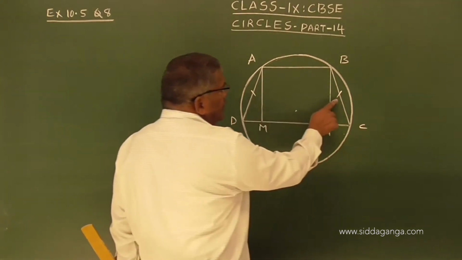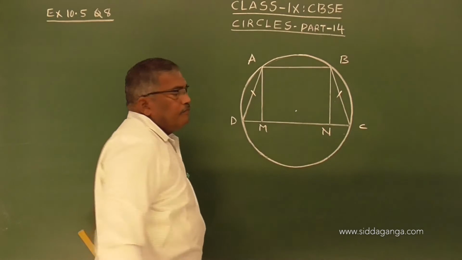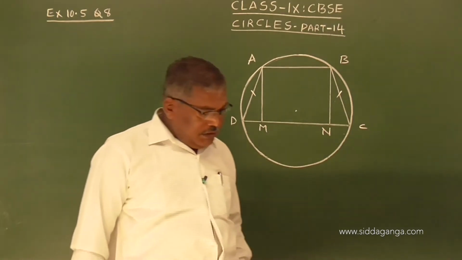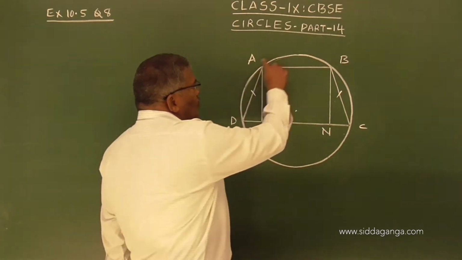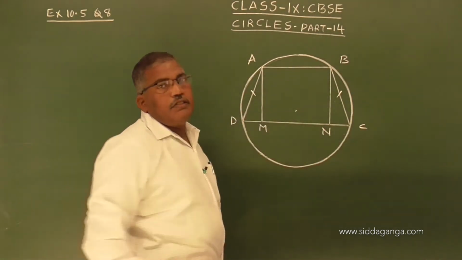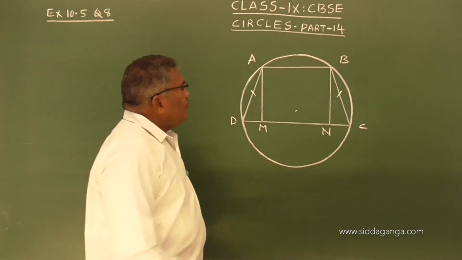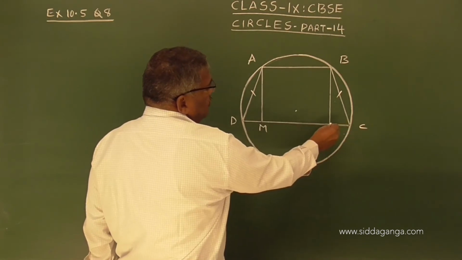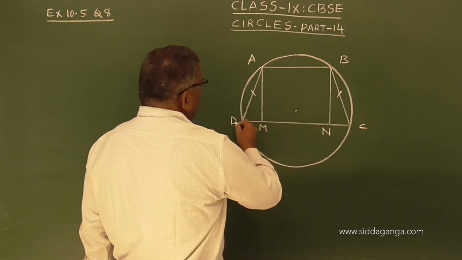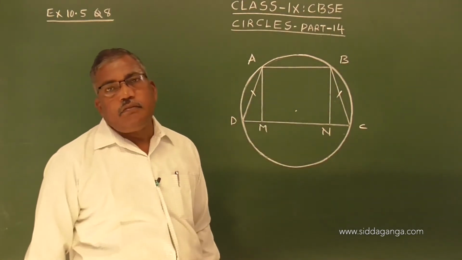When such a condition is there, we have to prove that the trapezium is cyclic. That means a circle passes through all the 4 points. That is what we have to prove. For that, we have to prove that either angle A plus angle C is equal to 180, or angle D plus angle B is 180.